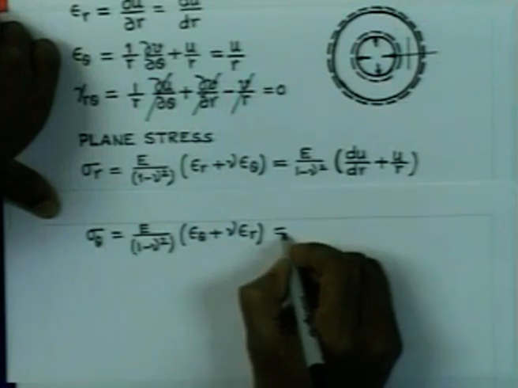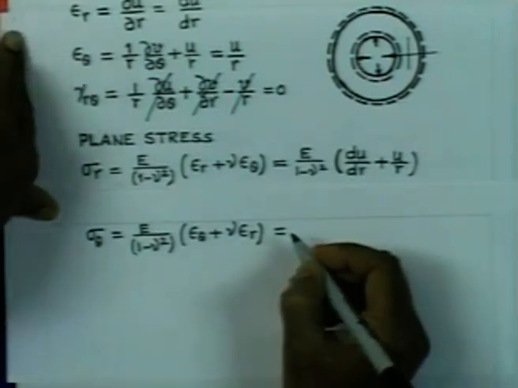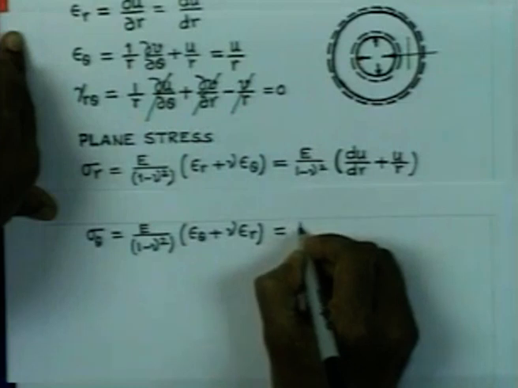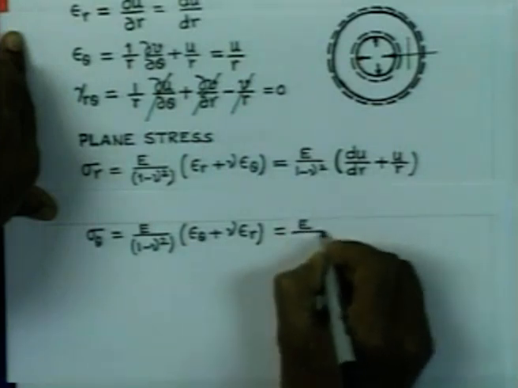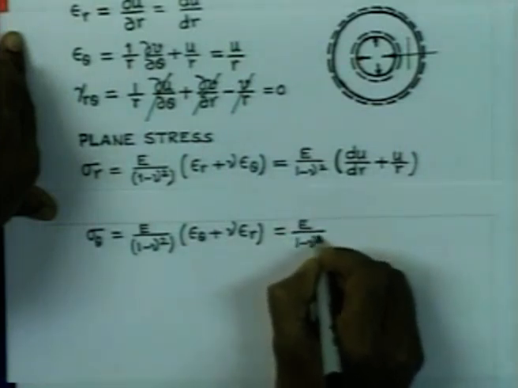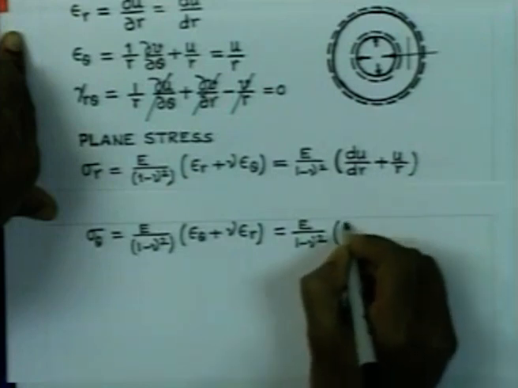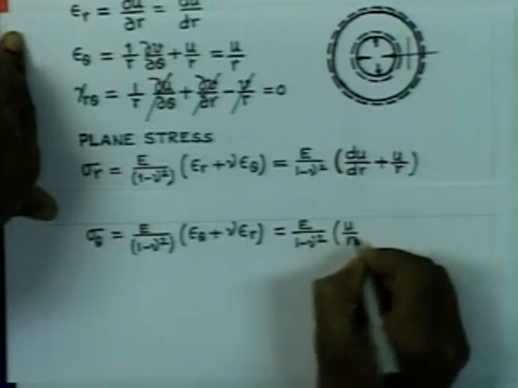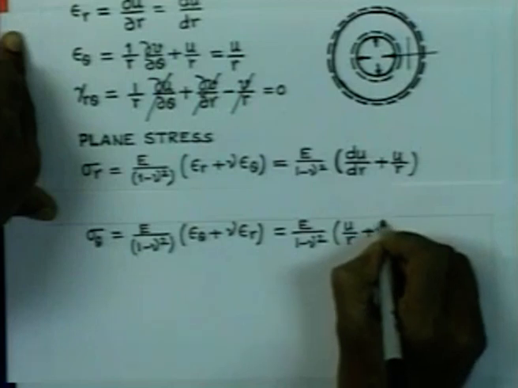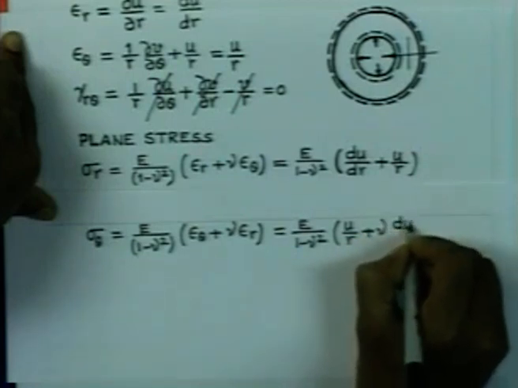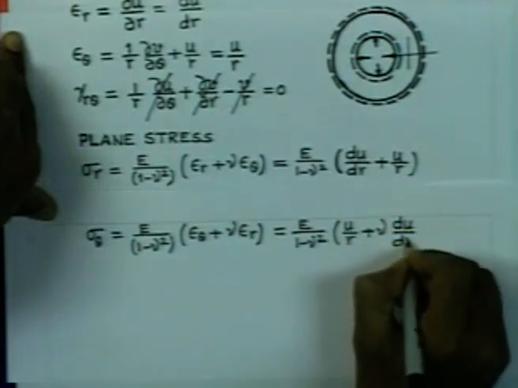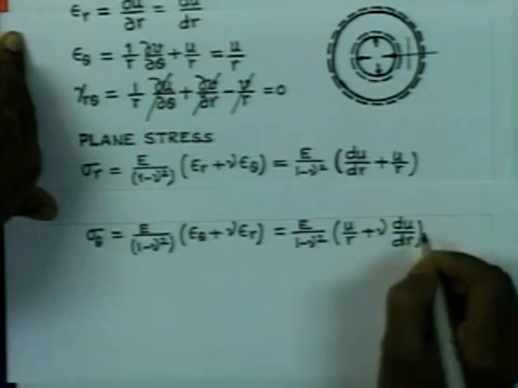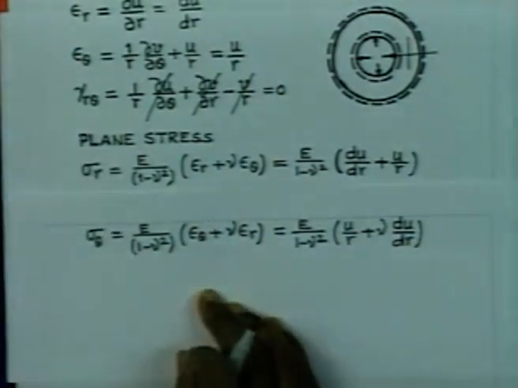Again, if we substitute the two strain components in terms of displacement, then we have E by 1 minus nu square times u by r plus nu times du dr. So, these are the two stresses.